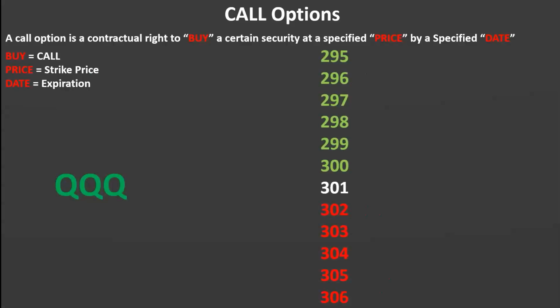Now, on this example, I want you to assume that QQQ is currently trading at a value of, let's say, $301.10. All right. So the closest strike price to where the stock is currently trading is known as the at the money strike price. At the money. That's what we always call that.